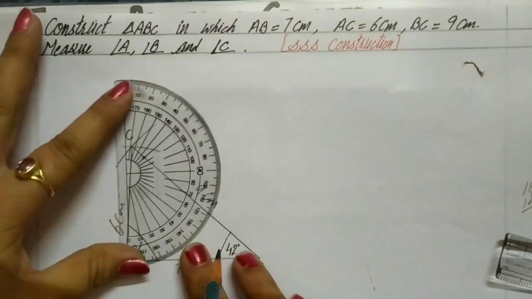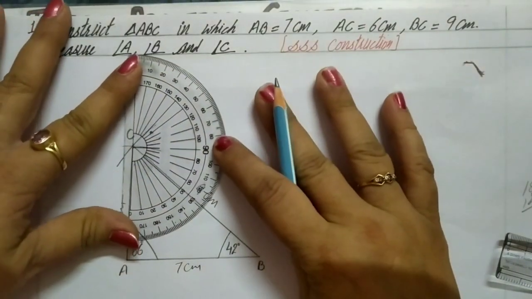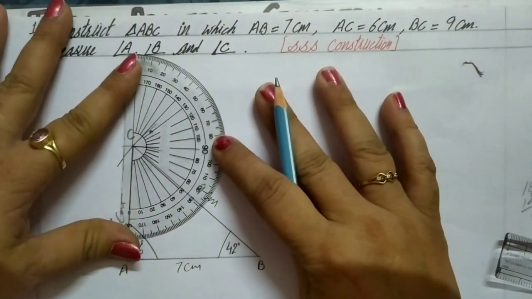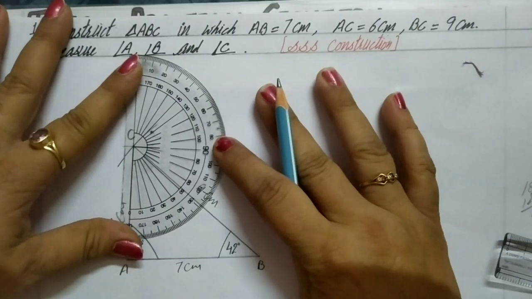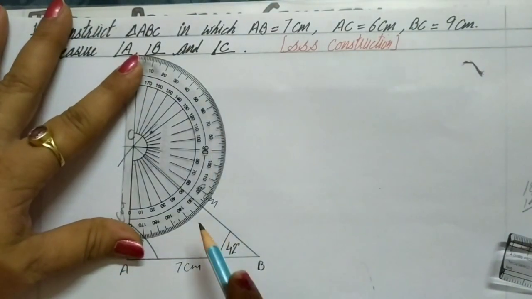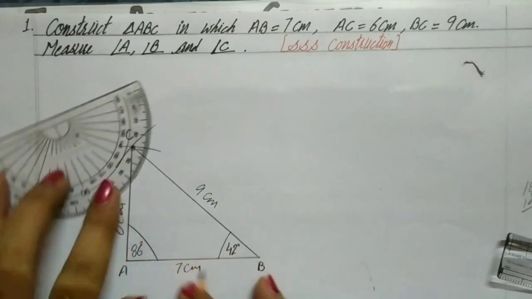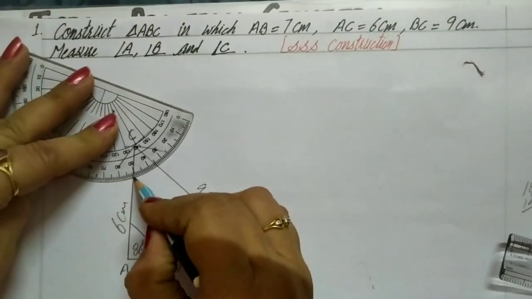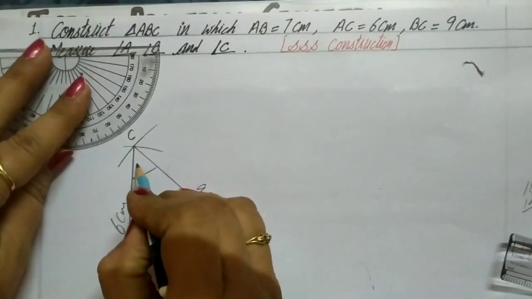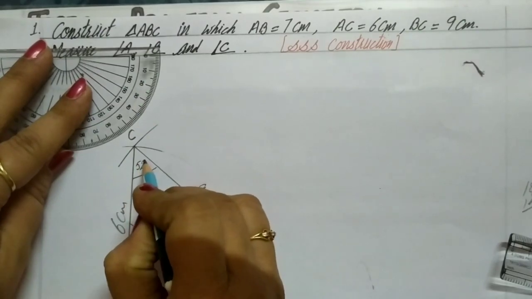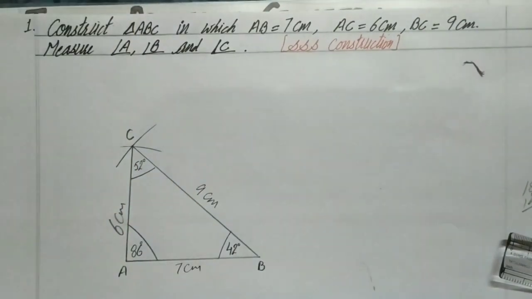So check this. Yes, here it is. As you can see, it's clear. It's 52. So this is the first question.